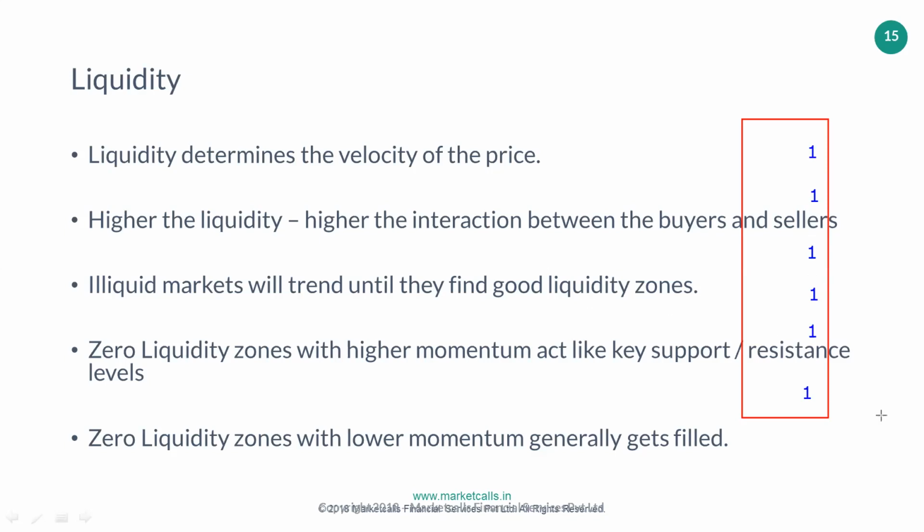Just 7 lots are required to push the price from point A to point B, because the liquidity is very low over here. That means the velocity of the price will be much higher, especially when the price travels in low liquidity zones.